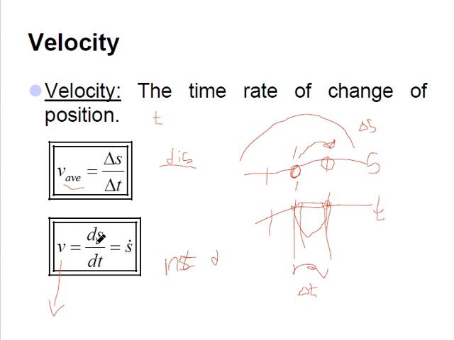So the delta S over delta T is, now I'm going to introduce another mathematical word, called the derivative of position. This is called derivative.